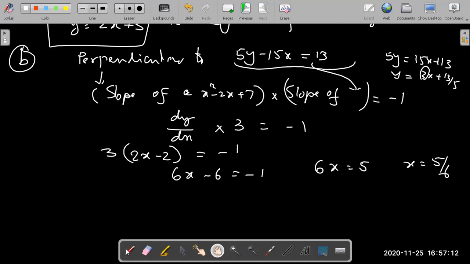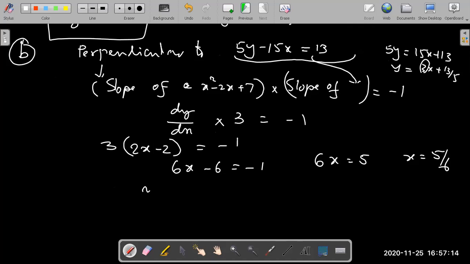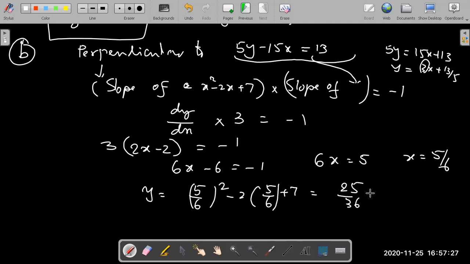So once x equal to 5 by 6, we substitute into the curve to get the y value. y is equal to 5 by 6 whole squared minus 2 into 5 by 6 plus 7. That's equal to 25 by 36 minus 10 by 6 plus 7.